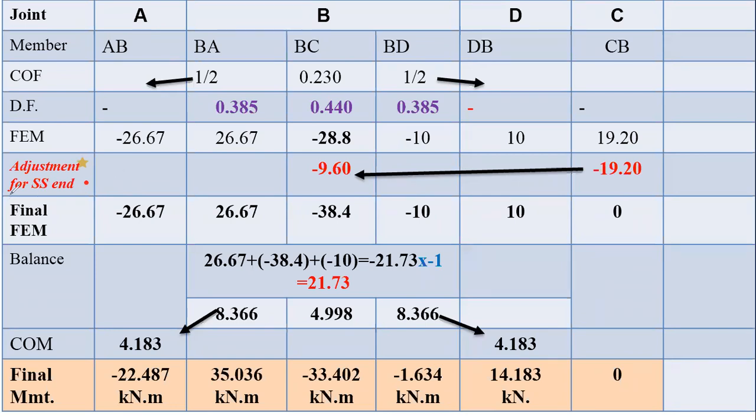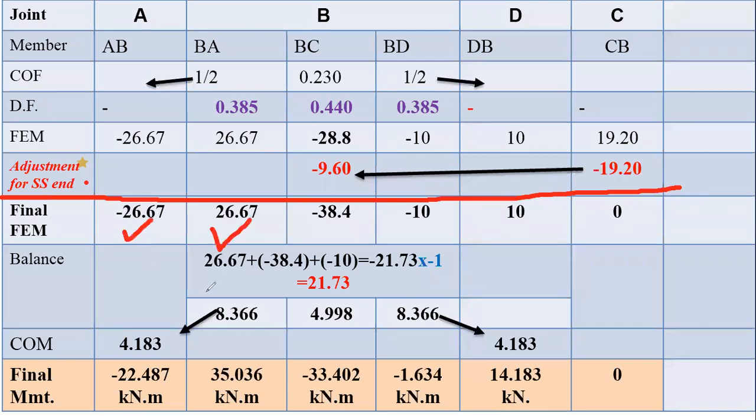After this correction, we have to work out the final fixed end moment. Write down the final fixed end moment. First, M bar AB will be as it is, minus 26.67, M bar BA plus. Then M bar BC will change because initially it is minus 28.8 and half moment from the CB member, which is the correction, is minus 9.6.